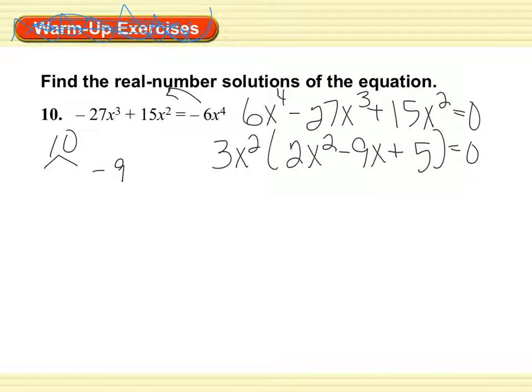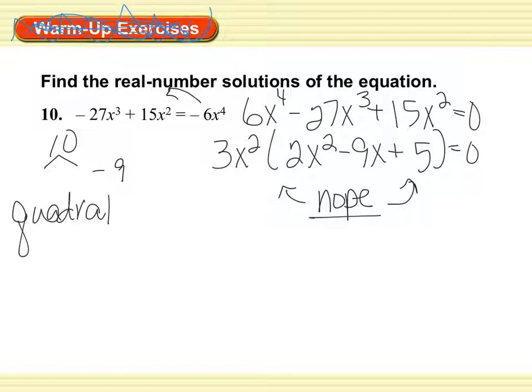Let's see, 1 times 10, but it's positive. 2 times 5. That stinks. So what do we do if we can't factor it? Use the quadratic formula. Bah, I know.